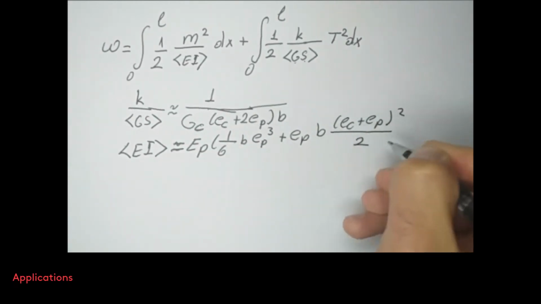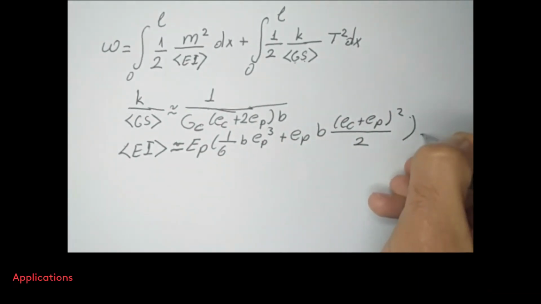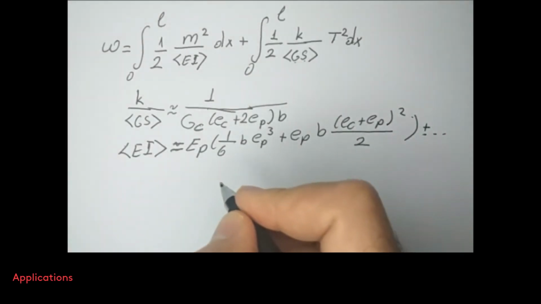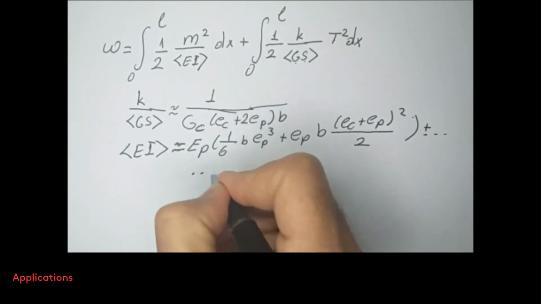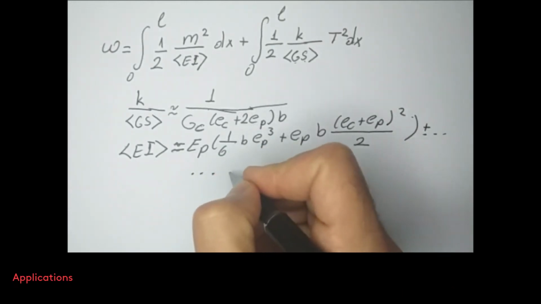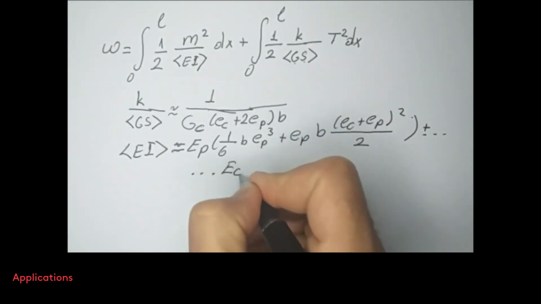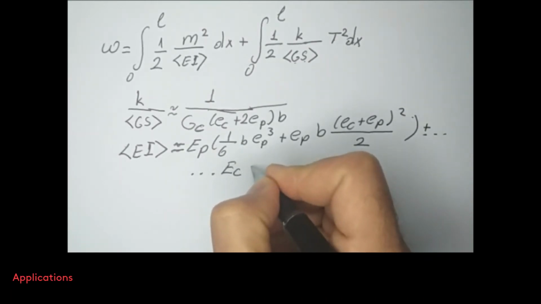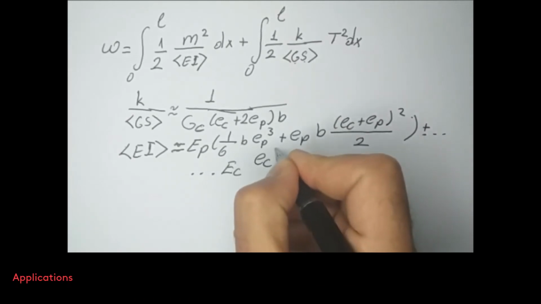We will continue below, plus EC, the Young modulus of the core material, EC cube multiplied by B divided by 12.